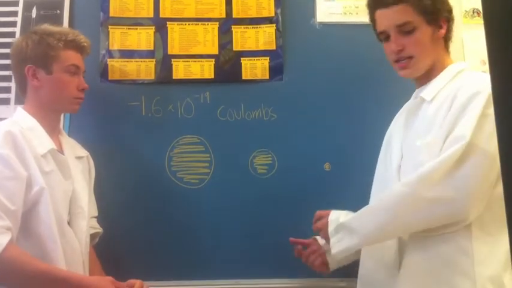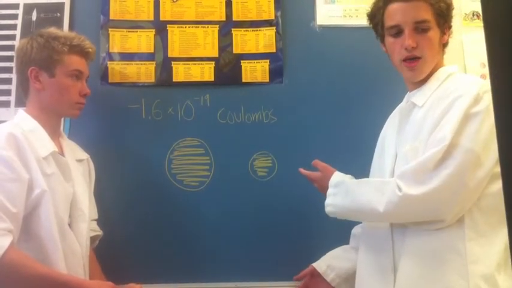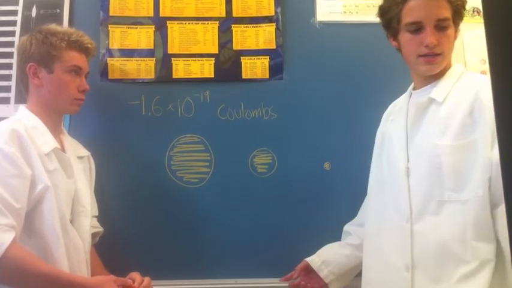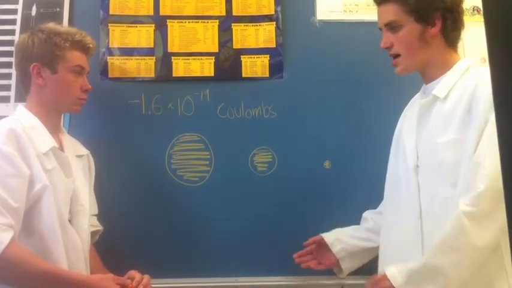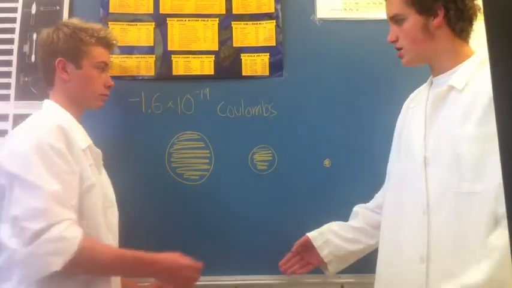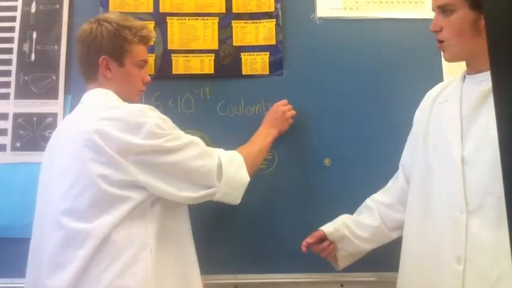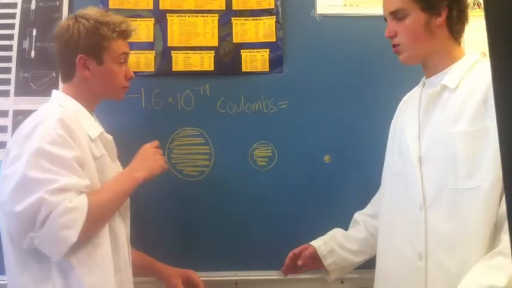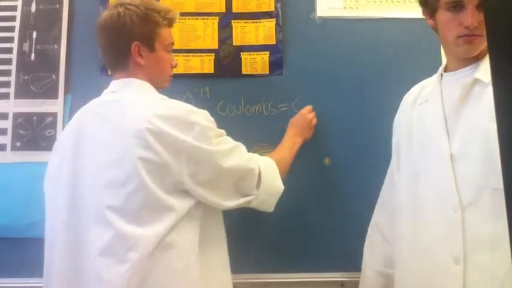So if you find the least common multiple of each drop, you might find the charge of each electron. And what he ended up figuring out was the charge of each electron is negative 1.6 times 10 to the negative 19th coulombs. And that's Robert A. Millikan's experiment. Thank you, ladies and gentlemen.